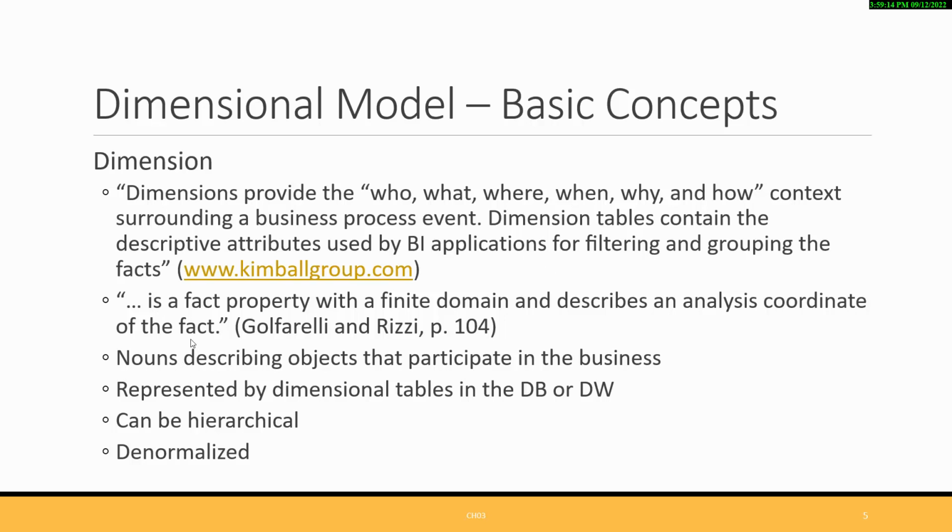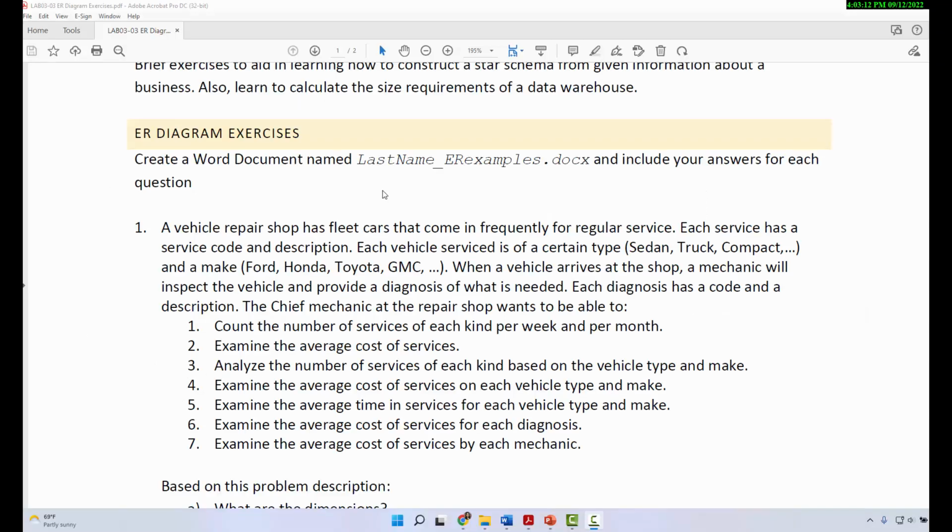Usually, if you want to identify what the dimensions are while reading the problem statement, you will find the nouns which are describing objects that participate in the business or business process. Those nouns are the dimensions. So now I have closed the presentation. You can find those slides uploaded in your course module, as well as a lecture uploaded about it. That's what we needed for this exercise.